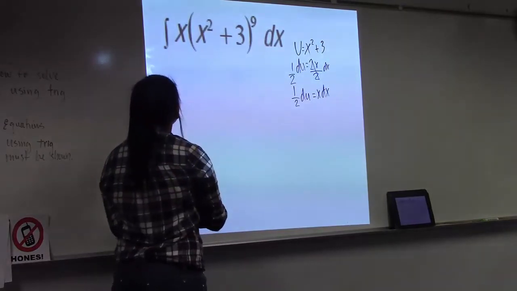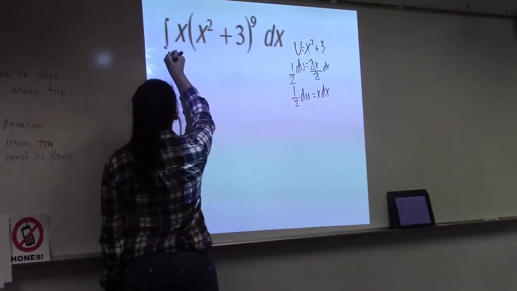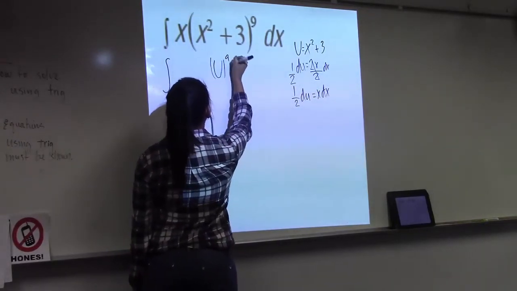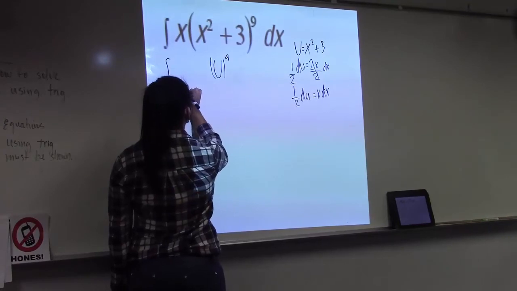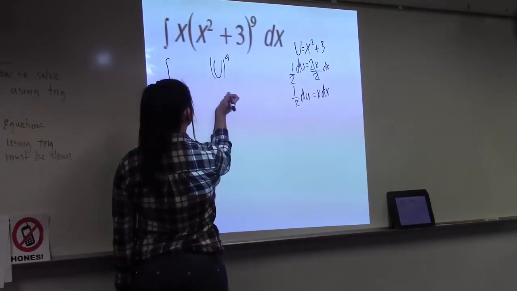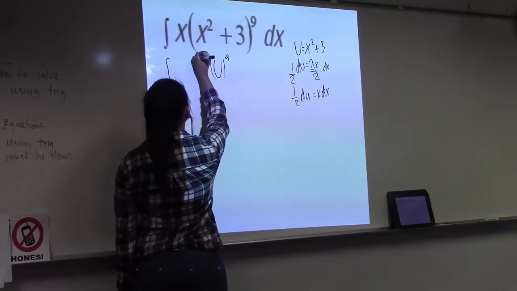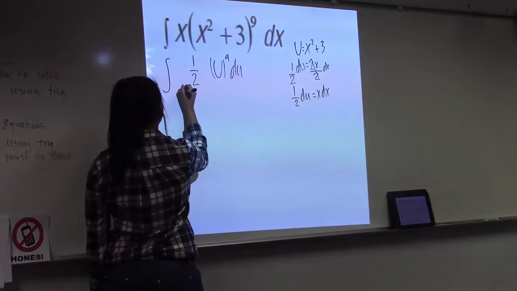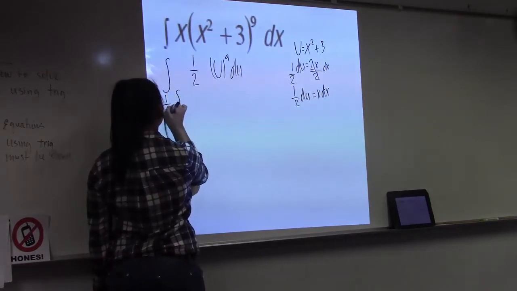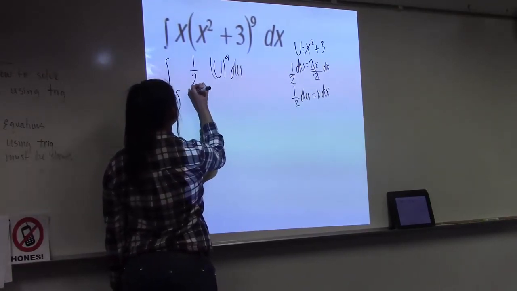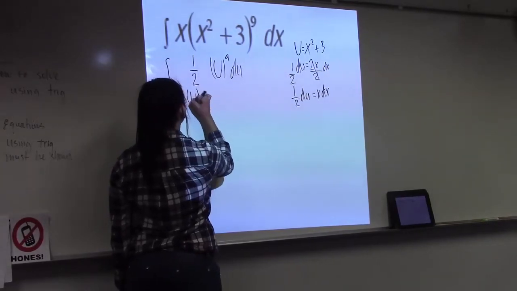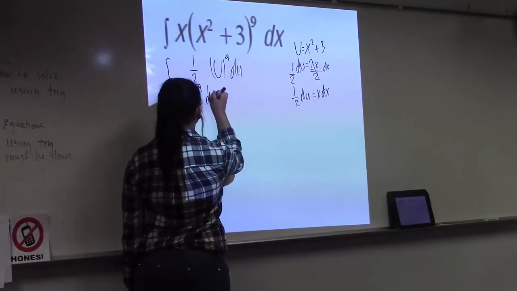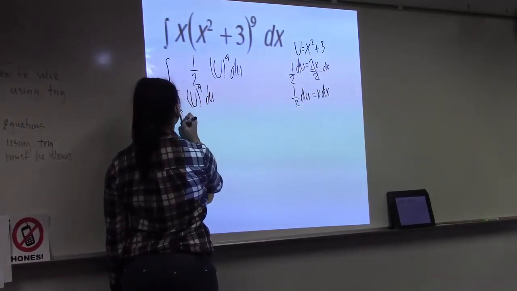So then this is my u. And then I attach the 1 half du to it. And then bring out the 1 half. And then bump up and divide.